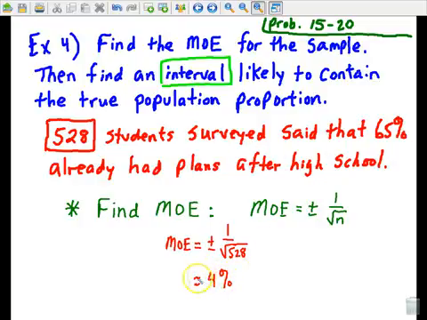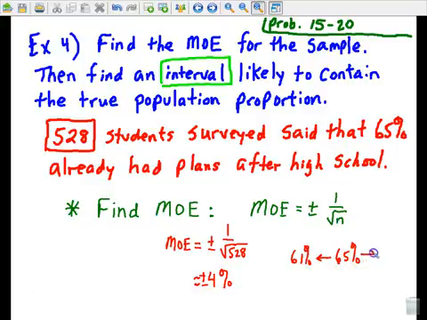Now, if the margin of error is plus minus 4% and 65% said that they had plans after high school, building the margin of error in is going to create a range. Here's 65% that said they do have plans, but there's a built-in margin of error. So if we subtract 4% from 65%, we get 61%.